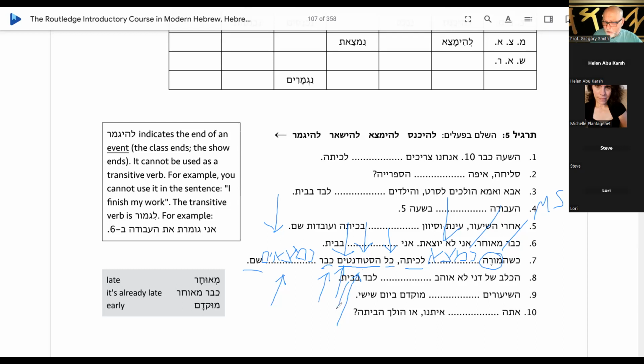So hastudentim means a mixed plural, girls and boys. And kevar means already, nimsaim are located there. So essentially the students are already there. In other words, when the teacher comes in, the students are there before he gets there. כשהמורה נמצא לכיתה, כל הסטודנטים כבר נמצאים שם.